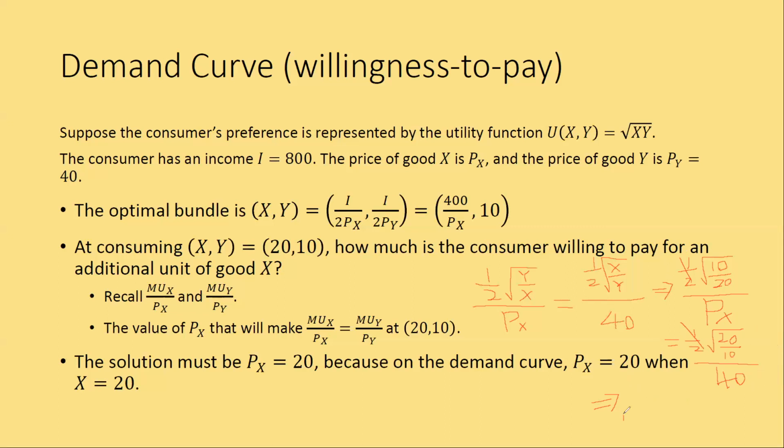So it becomes the square root of 10 divided by 20, which is 1/2, times 40, equals the square root of 20 divided by 10, which is 2, times Px.